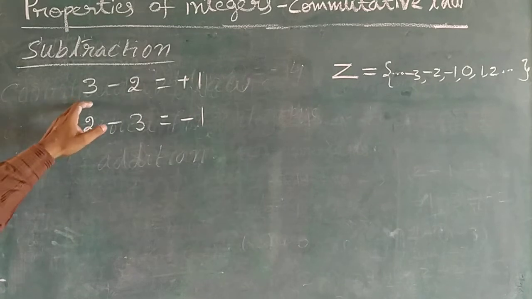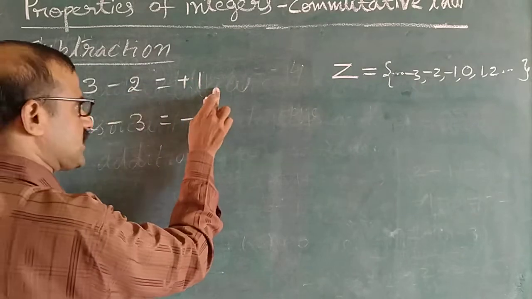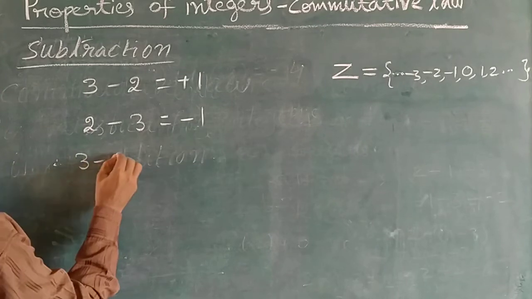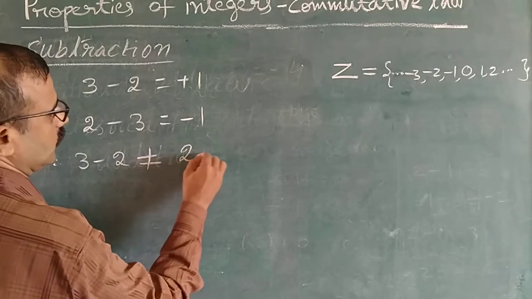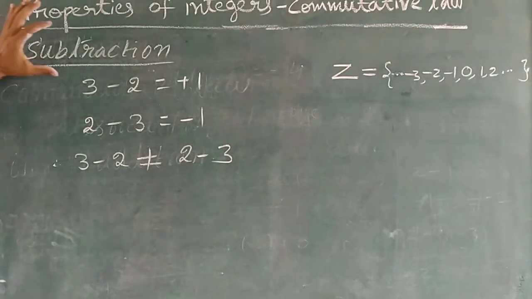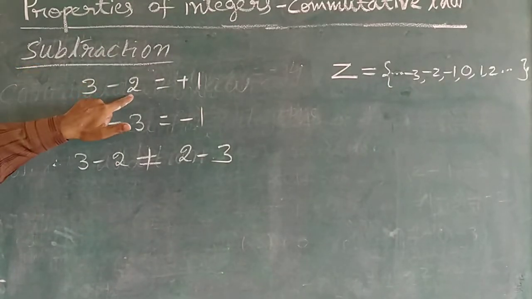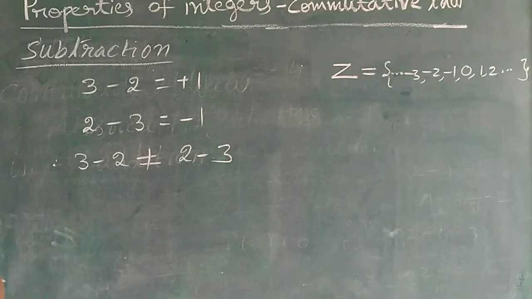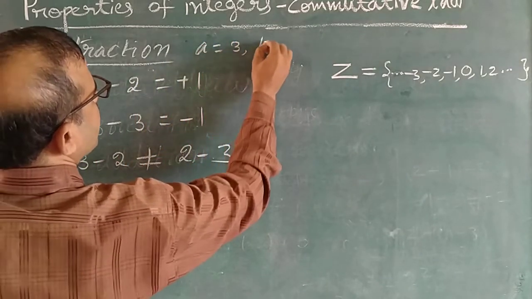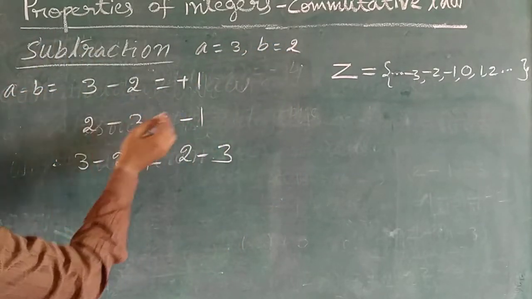What happens from a minus b to b minus a? Suppose here a, this is b. So a minus b gets a positive value, b minus a gets a negative value. Therefore, 3 minus 2 is not equal to 2 minus 3. So, we are checking the commutative law with respect to subtraction. Suppose a equals 3, b equals 2. So a minus b equals 3 minus 2.